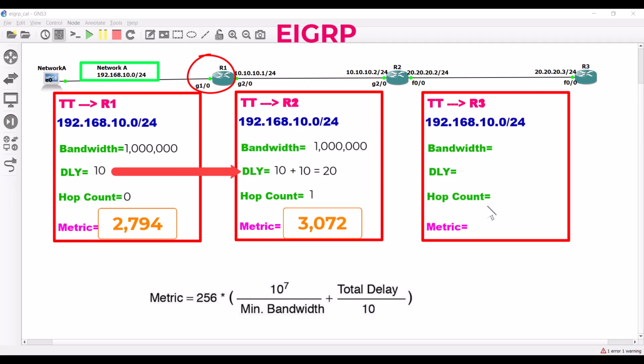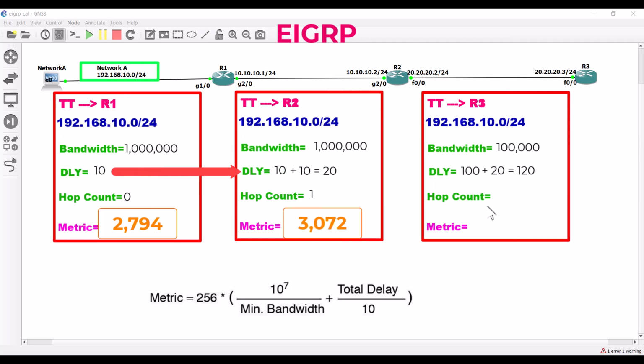Now router 3. We draw TT. What is the number of bandwidth? As you know, this interface is fast Ethernet, so bandwidth is 100,000 and delay is 100 microseconds. So we have to add 100 plus 20, the next hop's delay, right?